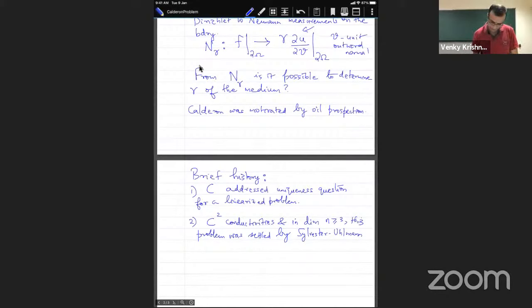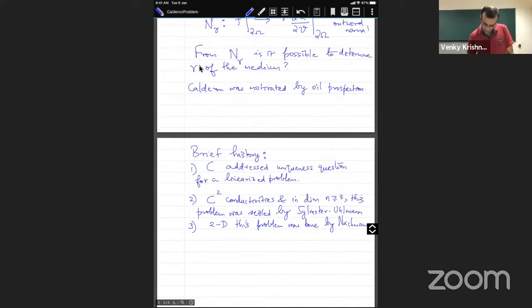And in 2D, this problem was done by Nachman, and actually I should also mention Astala, Päivärinta, and many others.